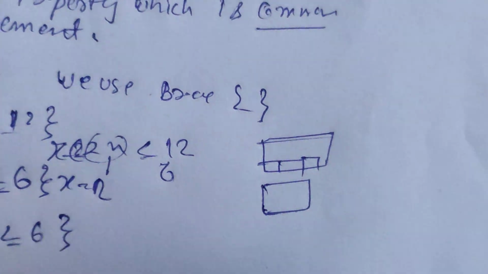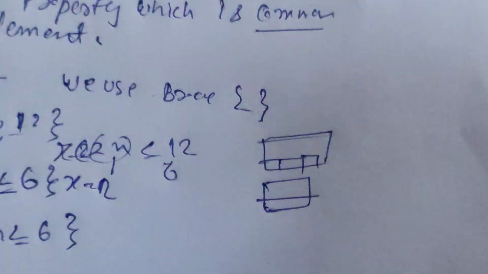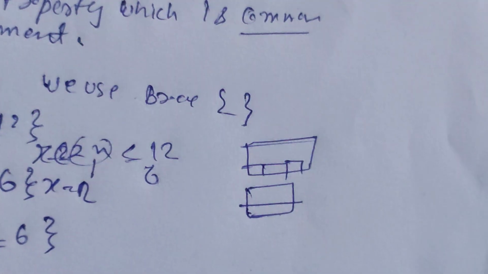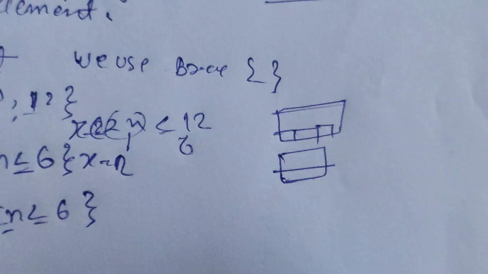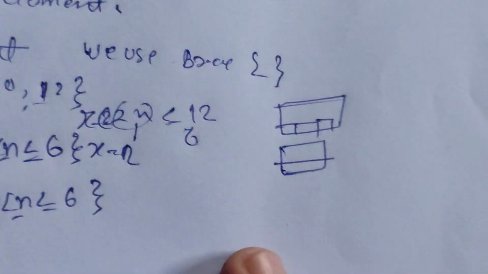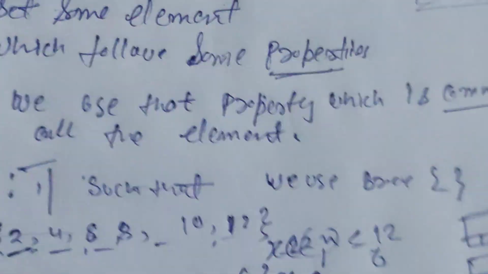So this is an example of set builder form where all the people who take PCM are seated in the assembly, as told by your principal.